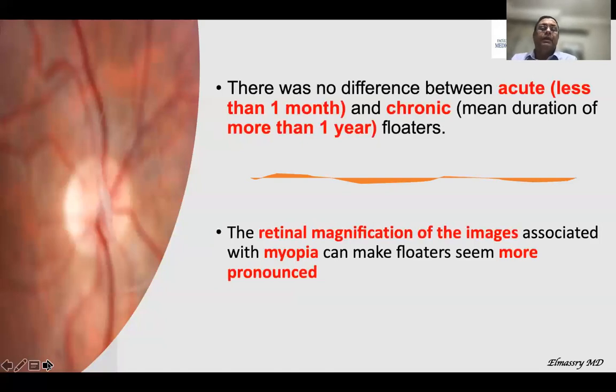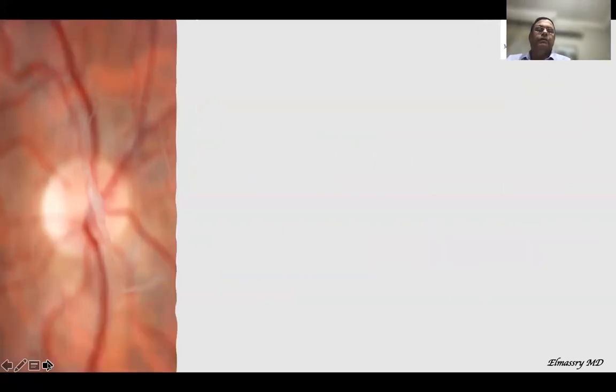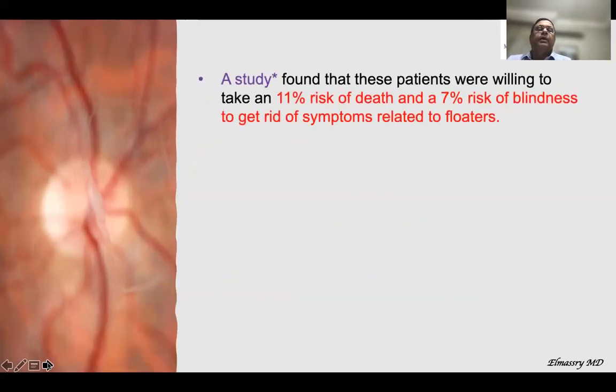The retinal magnification of the image associated with myopia can make floaters seem more pronounced. That's why high myopes express their symptoms more than the ordinary population, due to the retinal magnification of the image. And there was a study that found these patients were willing to take an 11% risk of death and 7% risk of blindness to get rid of the symptoms related to the floaters.